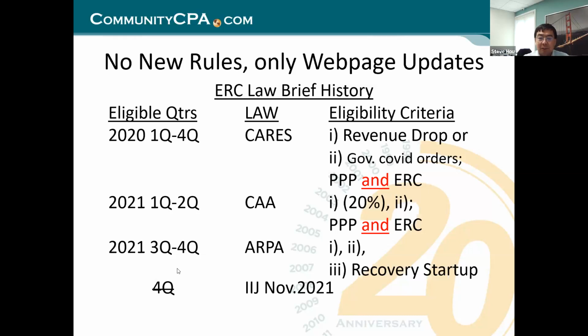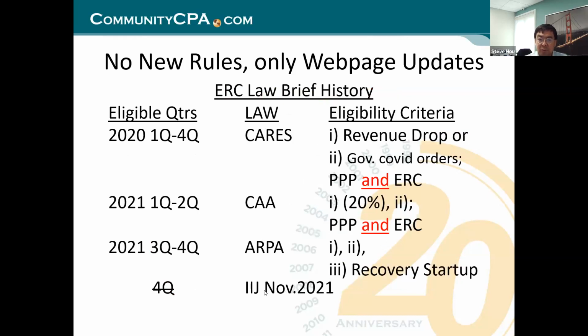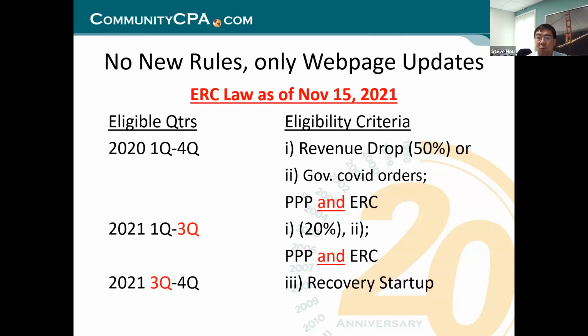And so finally, to sum up, the ERC laws have remained the same as of November 15 of 2021. There were no new laws passed in 2022 or 2023. So the ERC laws stayed the same after the last law that was passed, the Infrastructure Investment and Jobs Act, in November 2021.